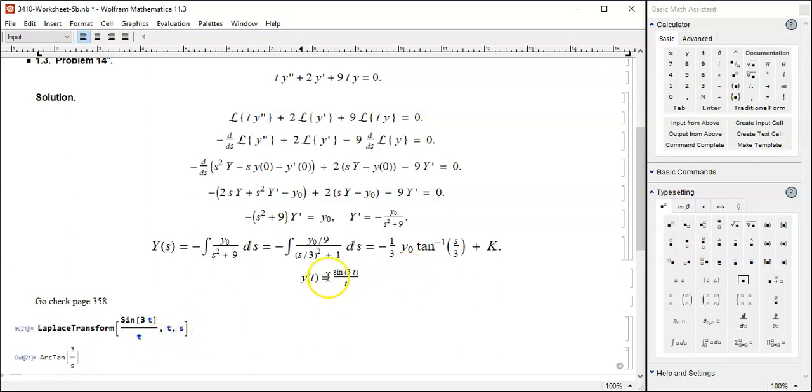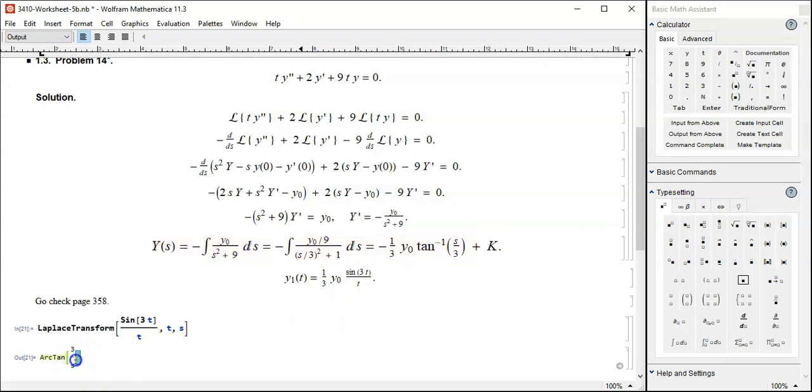So we need 1/3 y naught times this. That's going to be one solution. As for this constant, well, that's going to be different. It's not going to have a Laplace transform.